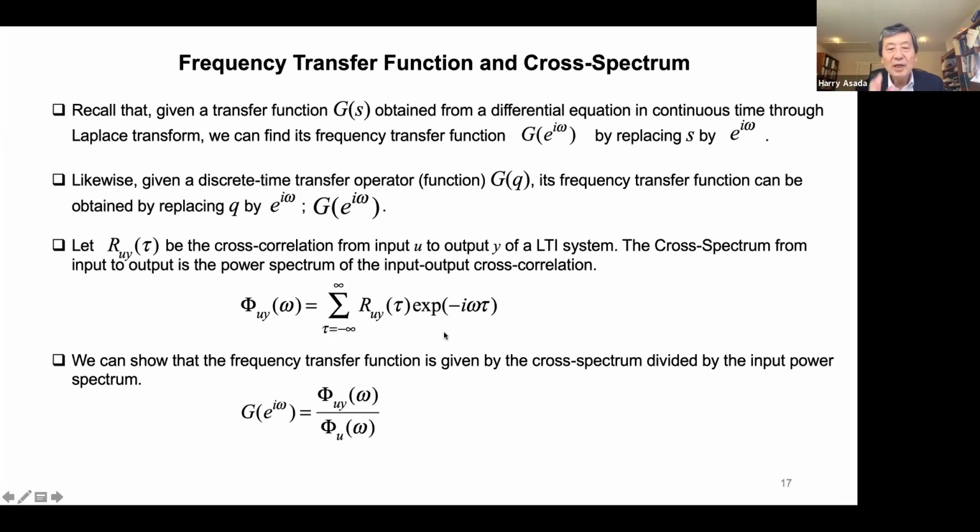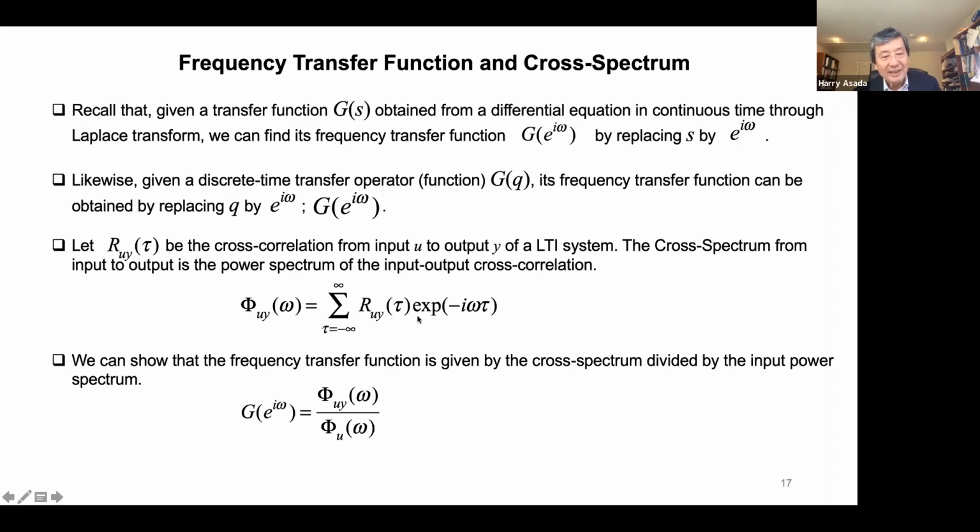So just as we obtain the power spectrum by taking the discrete time Fourier transform of autocorrelation, likewise we obtain the cross spectrum by taking the Fourier transform of the cross correlation. Okay, so this is the definition of phi_ui, the cross spectrum.